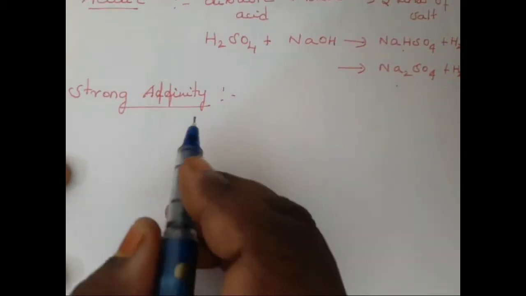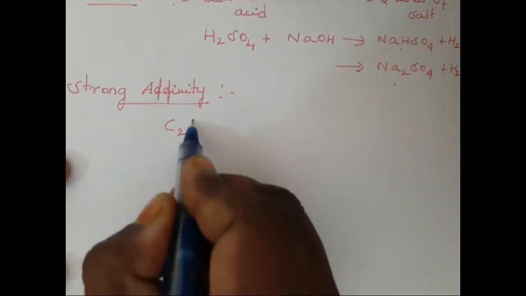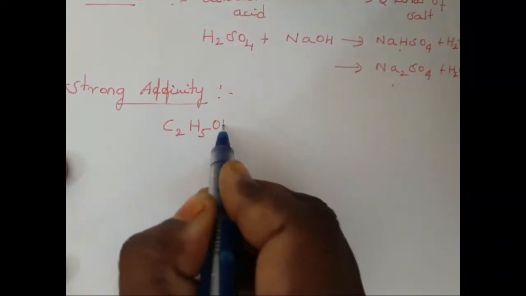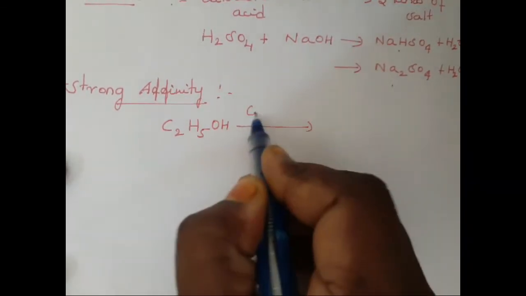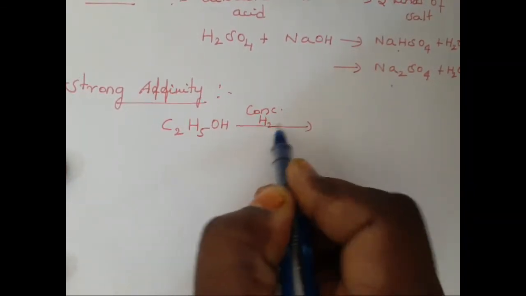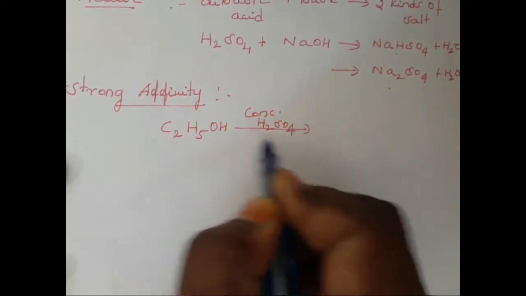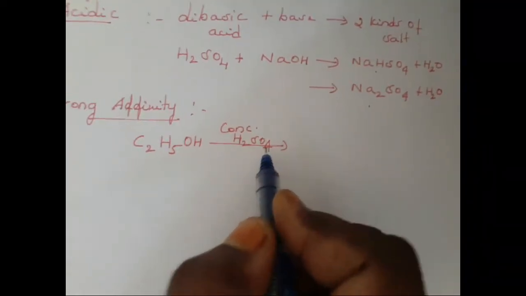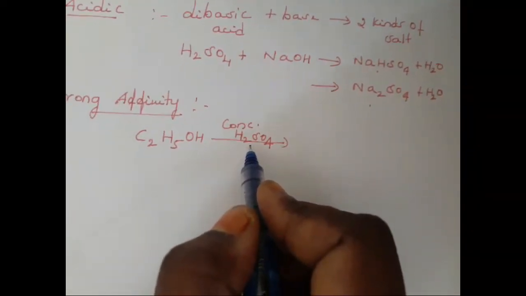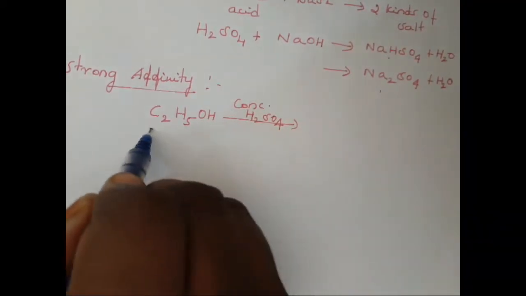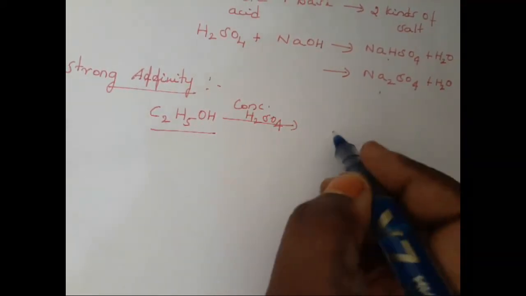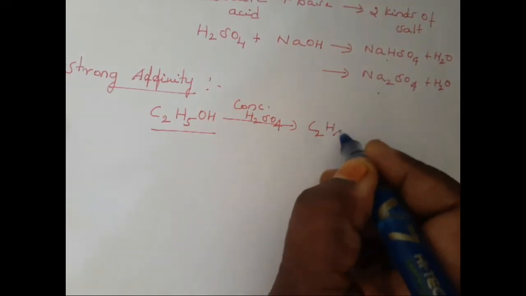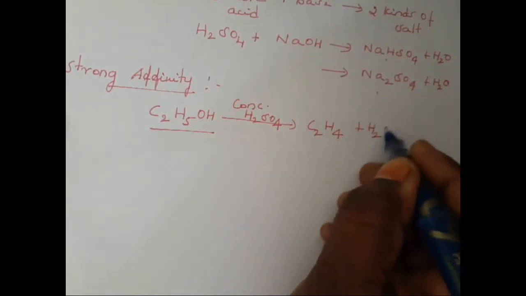So let us see some reactions for this. Ethanol, when it is treated with concentrated sulfuric acid, here concentrated sulfuric acid acts as a dehydrating agent. Since it has a strong affinity towards water, it will remove the water molecules from ethanol and produce ethylene.